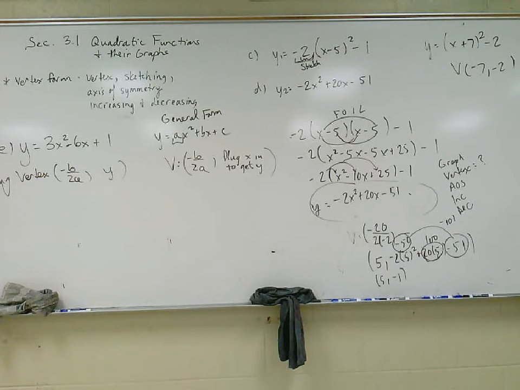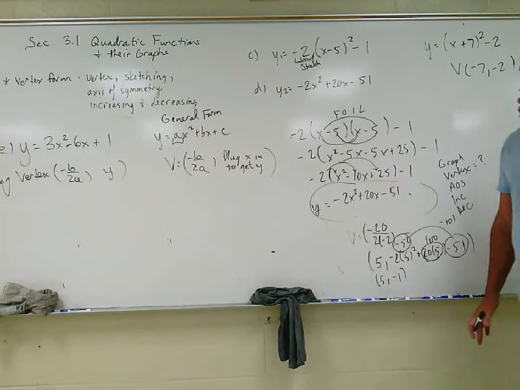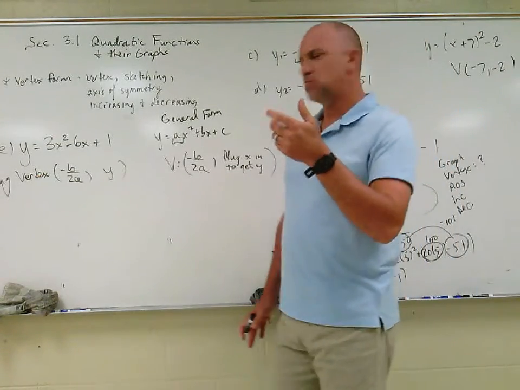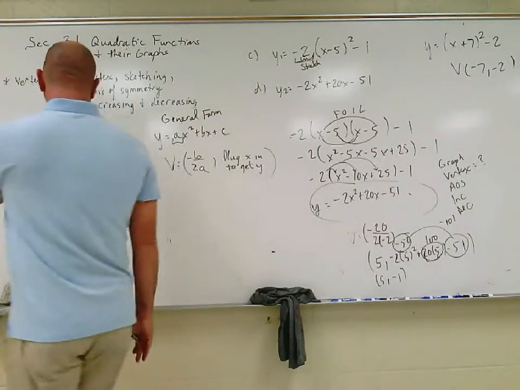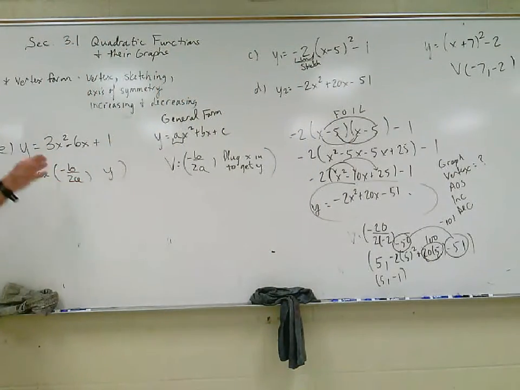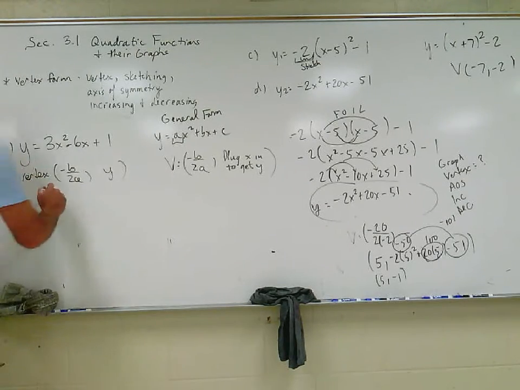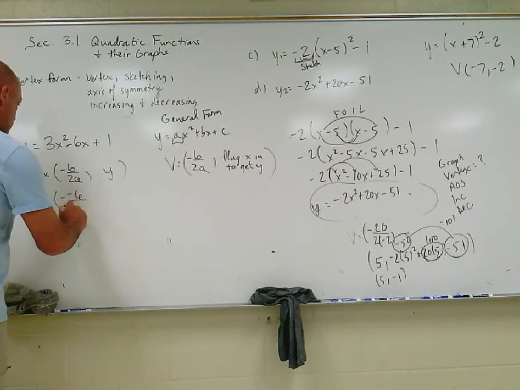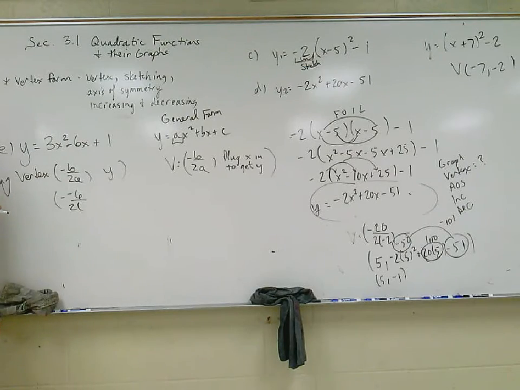Okay, so it's just memorizing this little negative b over 2a, right? So let's see, and it's real simple, a, b, and c. So negative b would turn into what? Positive 6. So do negative 6 over 2a, and a is 3.